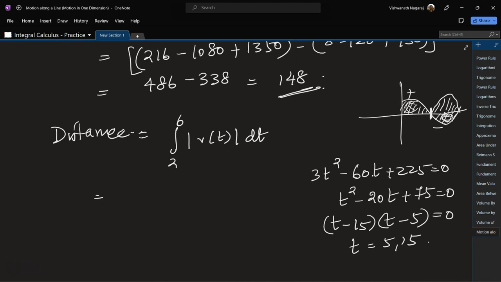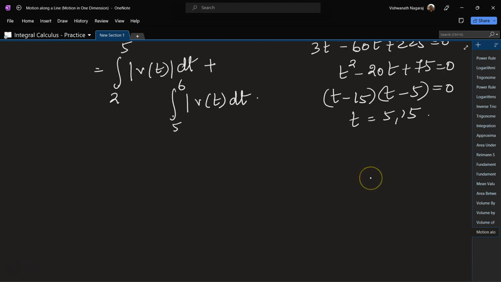So this integral actually splits into 2. It goes from 2 to 5 of absolute value of v of t dt plus the integral from 5 to 6, because that is the end point for us, of absolute value of v of t dt. So now we have to evaluate both of these and add them up.